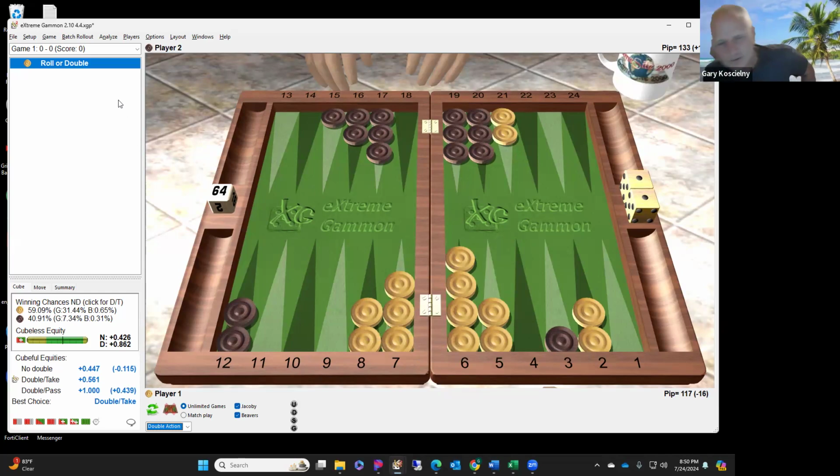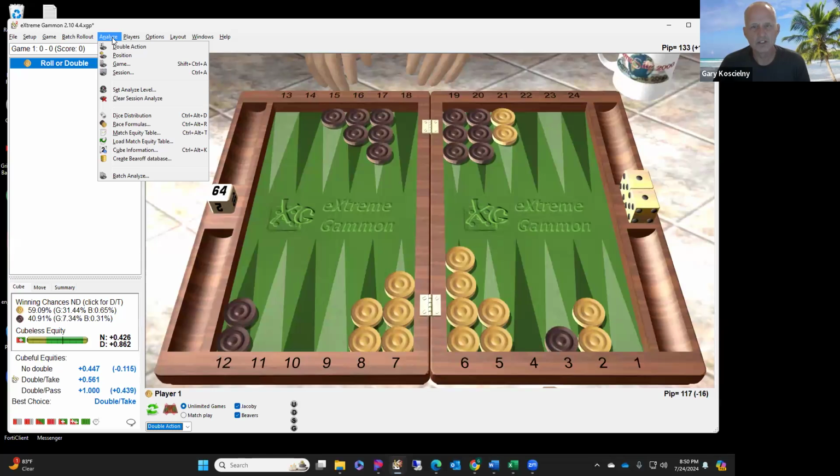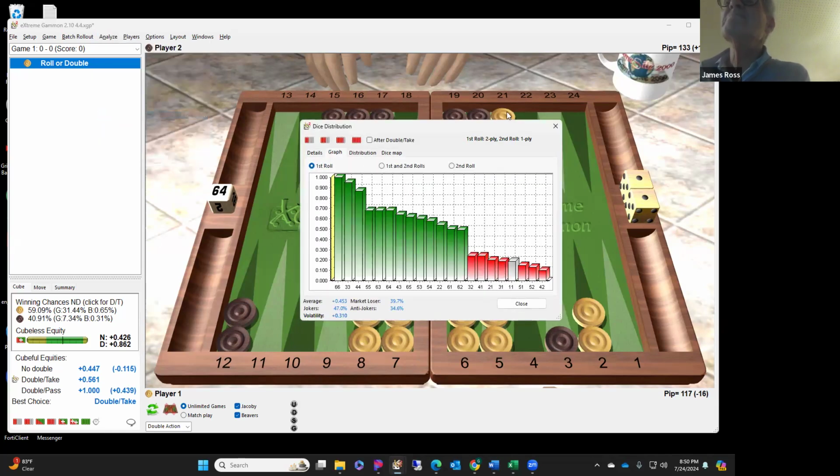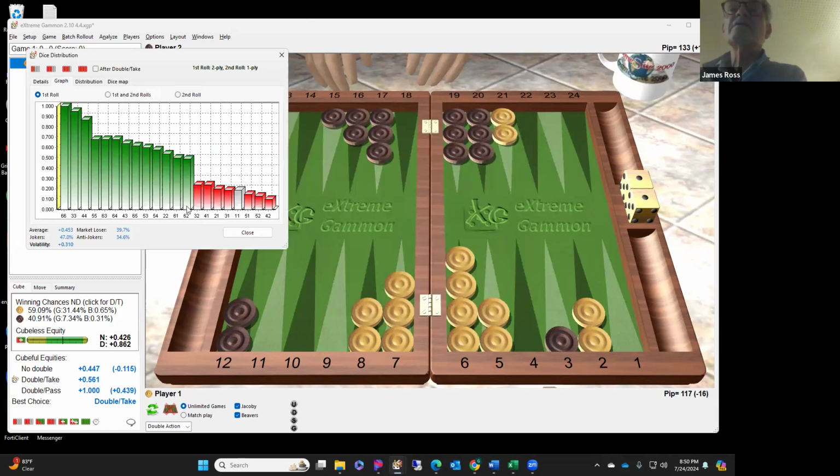Yeah, and so I mentioned last time, there's an interesting feature in XG called dice distribution, which Mark also goes over a lot. It shows you the green numbers are the good numbers. So double 6s is like a 1.